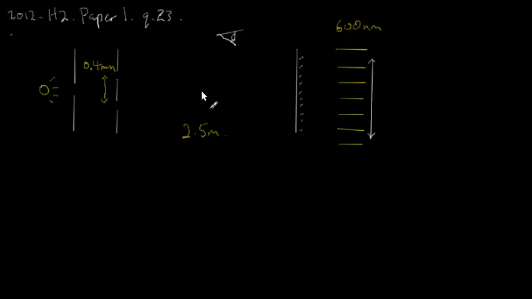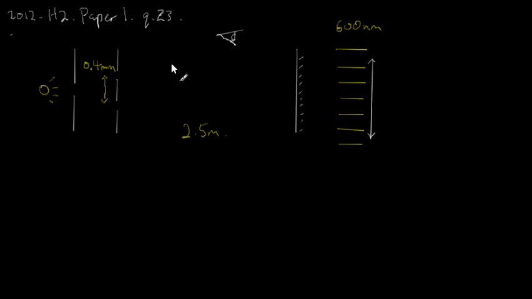So in order to do this question, we have to think about what we have learned or what we know about the double slit experiment. Since light is a wave, when light comes out from the two slits, the light would diffract.